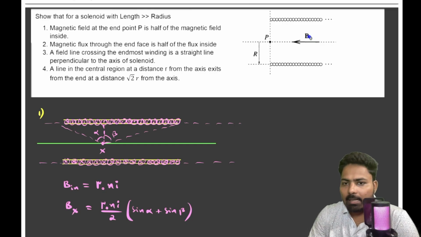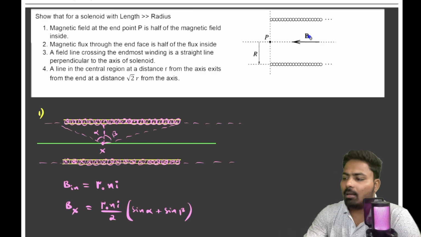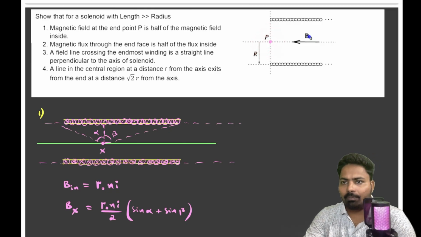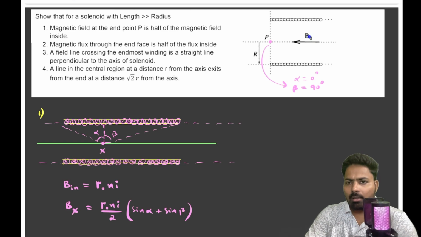I have given the magnetic field at any random point X. If you consider the point P in this diagram, you need to understand that this is the perpendicular. For point P, alpha is 0 degrees, and as it is a long solenoid, beta is 90 degrees, right?